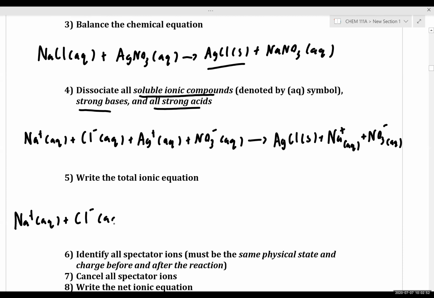And now once we have our total ionic equation, we can look and try to identify which ions are spectator ions, which ions are exactly the same before and after the chemical reaction.